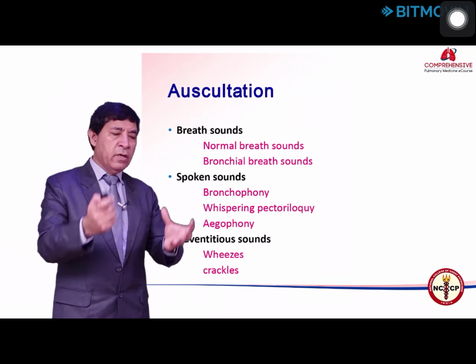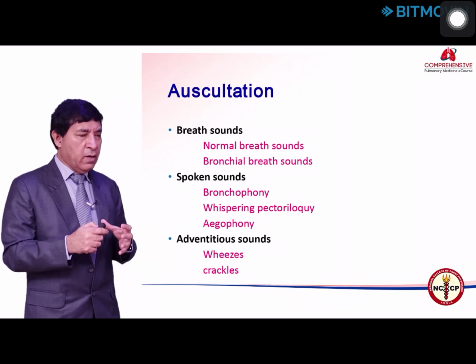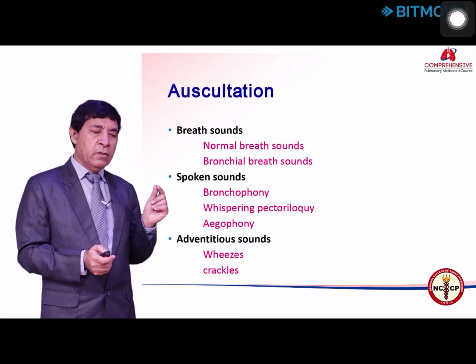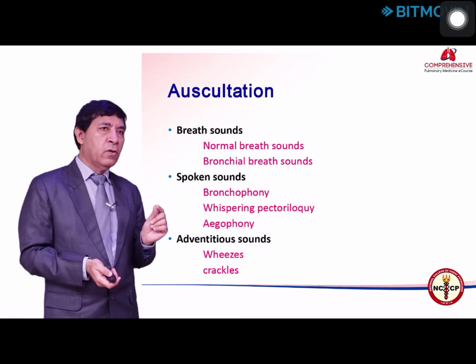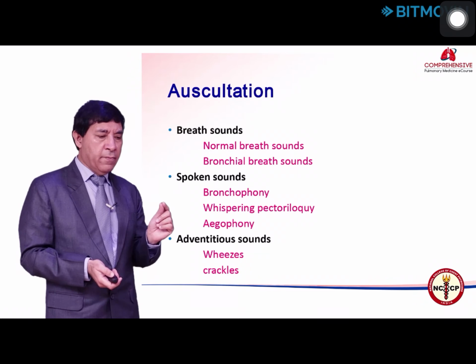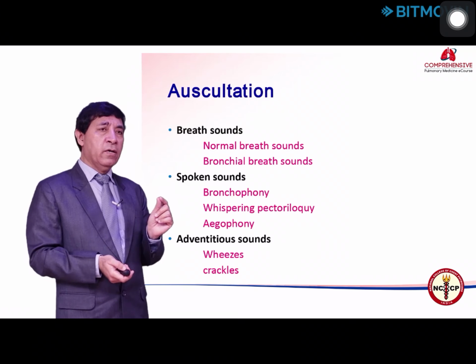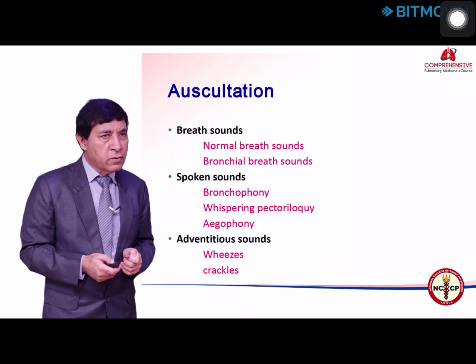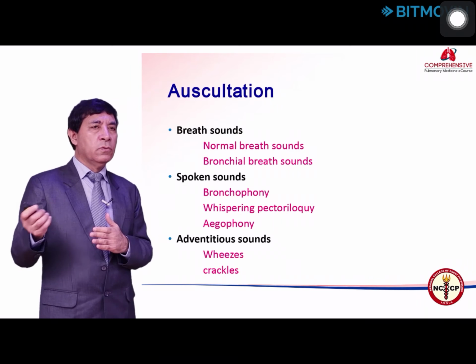So if you really want to hear somebody with very good volume, then the sound should have a fundamental note, a first formant between 500 to 1000, and a second formant between 1000 to 2000.